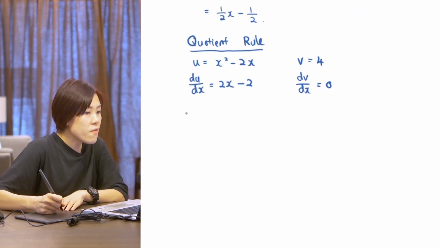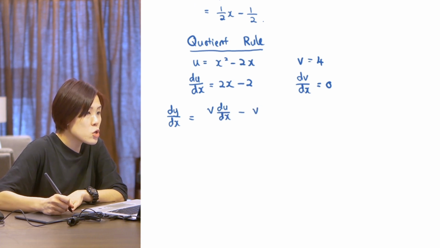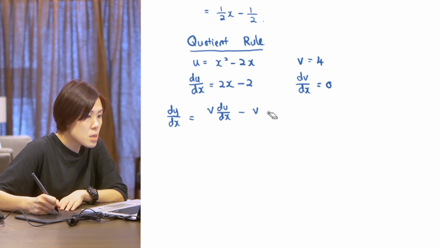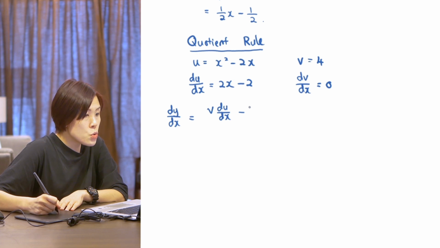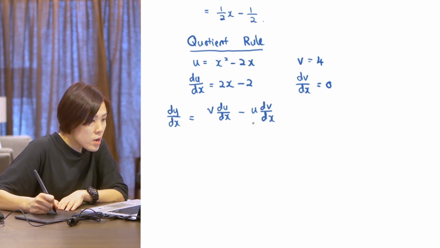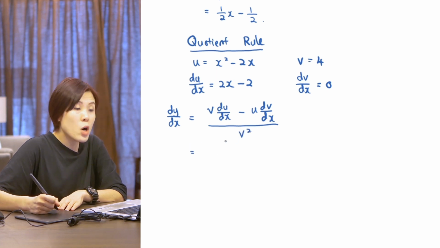Okay, let me scroll down a bit. By using the formula dy by dx equals v du by dx minus, sorry, it should be u, sorry about this, let me erase this, minus u dv by dx, over v squared, and we just need to put all of this in.